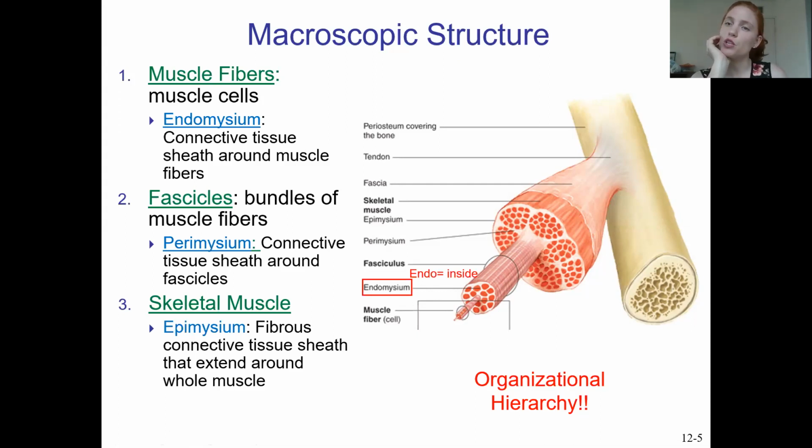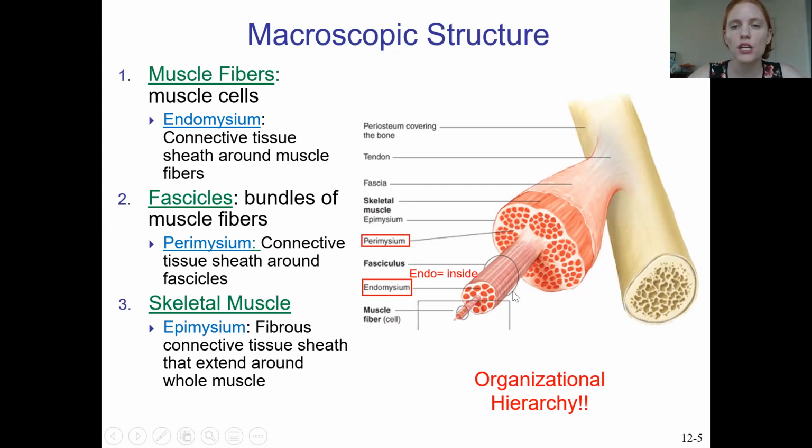If you remember when we looked at the histology of the muscle tissue, it was just long cells running in parallel to each other. So to help keep them running in parallel, you take a group of muscle fibers and you bundle them all together and you create what's called a fascicle. So here, these structures, each of those are fascicles. So here's one fascicle, which is a collection of muscle fibers.